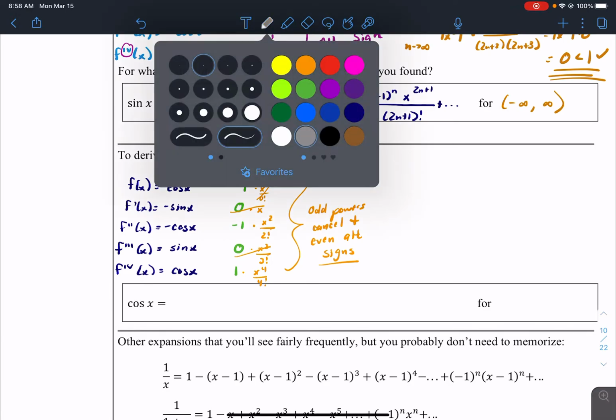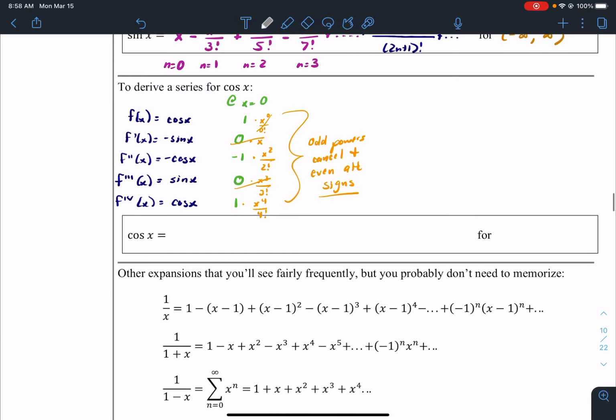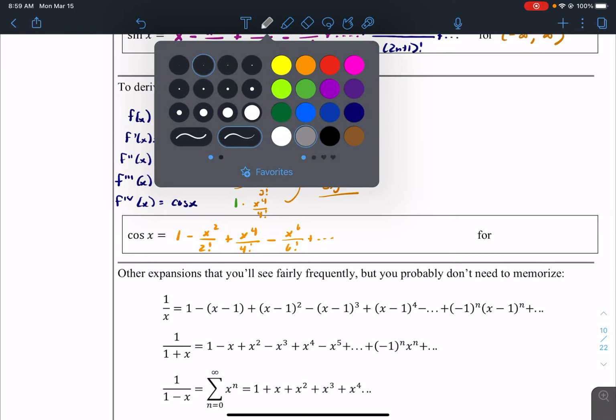So again, I'm going to build the first few here. My first term would just be 1, then minus x squared over 2 factorial, then plus x to the 4th over 4 factorial, and then the pattern would continue, minus x to the 6th over 6 factorial, etc. So the question is, what is that general term?